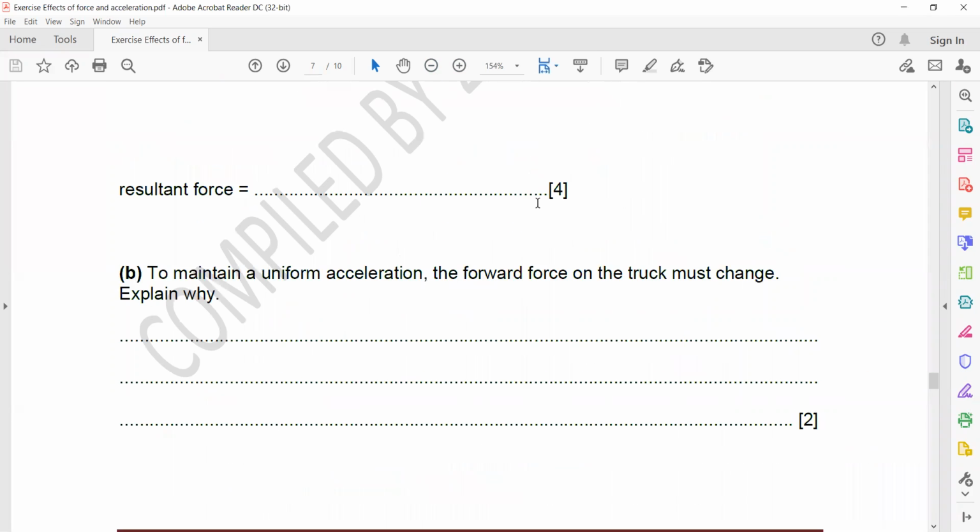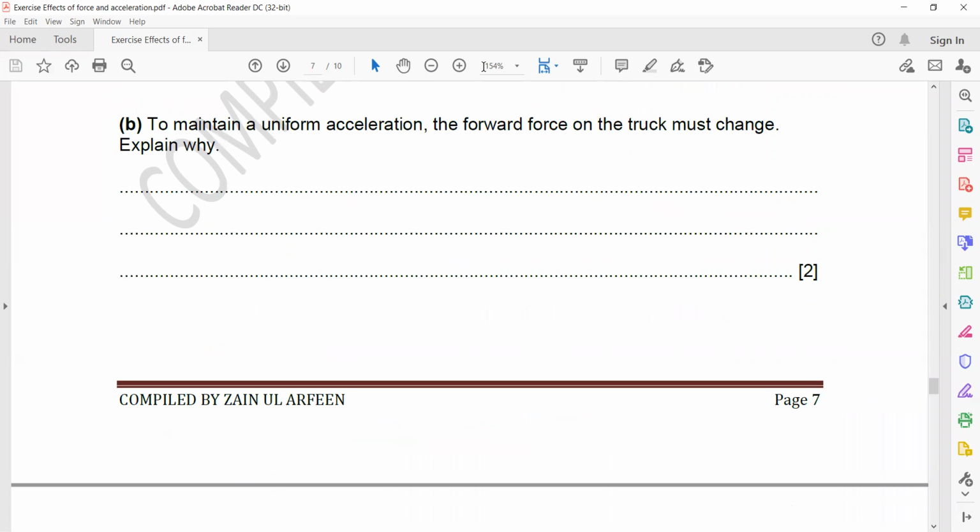Then the next part: to maintain a constant or uniform acceleration, the forward force on the truck must change. Explain why. Basically, for example, this is a truck, and the truck has fuel, not the transport fuel, but the fuel for the truck.